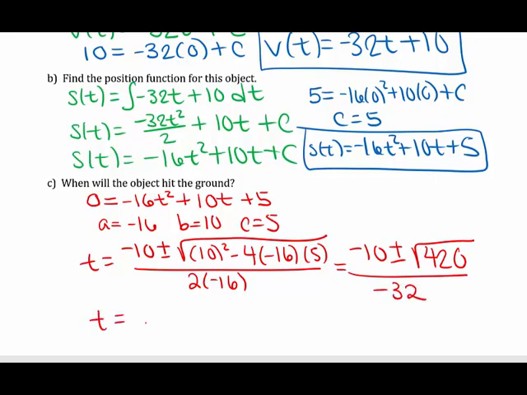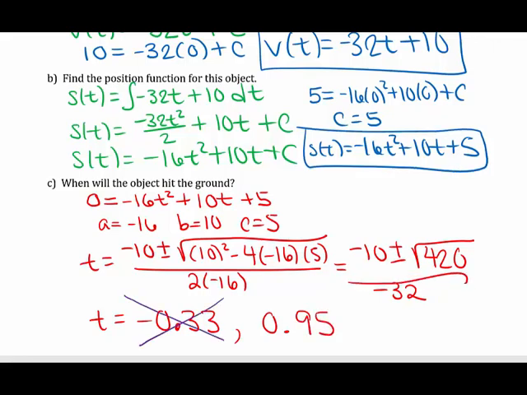And I put that into a calculator and got two different solutions, negative 0.33 and 0.95. And if we're talking about times, that negative solution doesn't make any sense. Time can't be negative. And so the answer would be just under 1 second is when the object hits the ground.